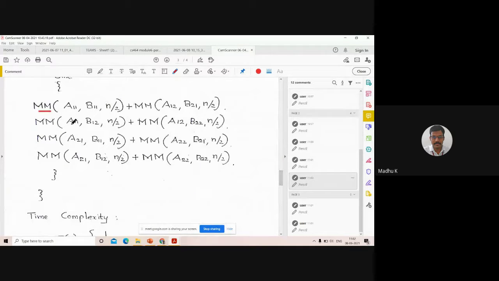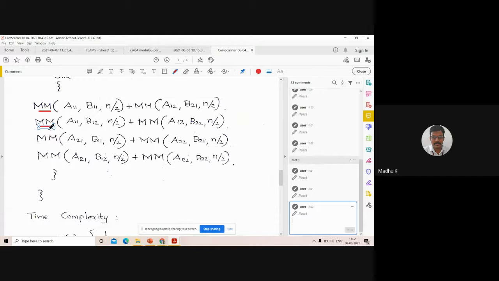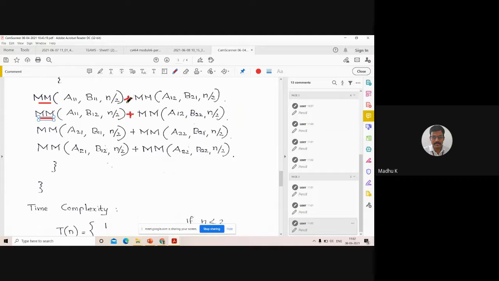This is another matrix multiplication. We will call the same function with A11, B12 of size n by 2, and A12, B22 of size n by 2, plus. This is basically matrix addition. So in this way, there are 1, 2, 3, 4, 5, 6, 7, 8 recursive calls.